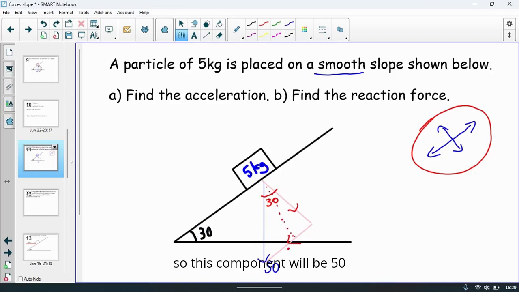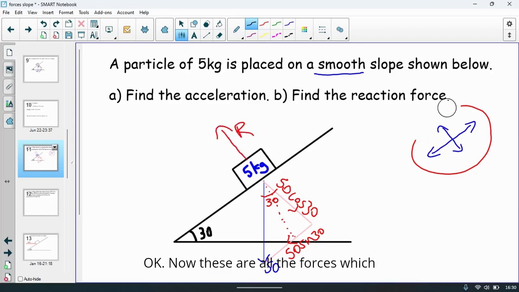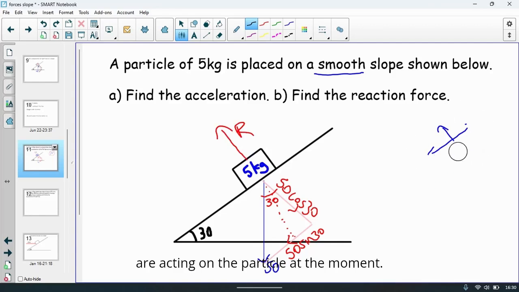So this component will be 50 sine 30, and this will be 50 cos 30 because that's adjacent. Once we've done that, we have the reaction force, which goes like that. Now these are all the forces acting on the particle at the moment.